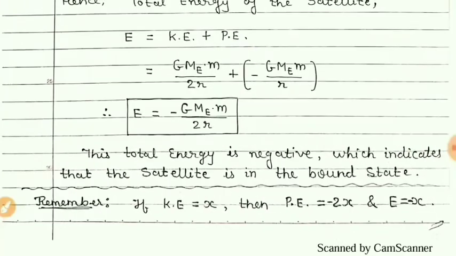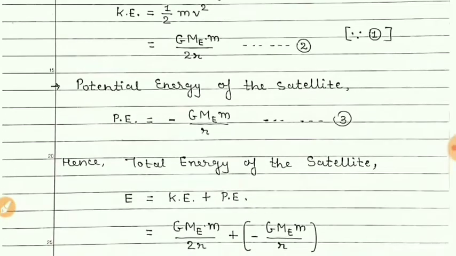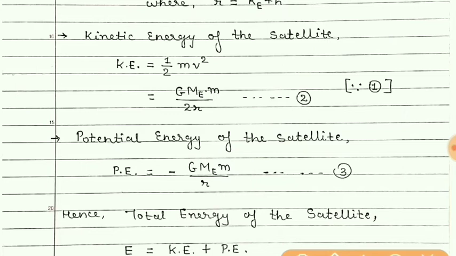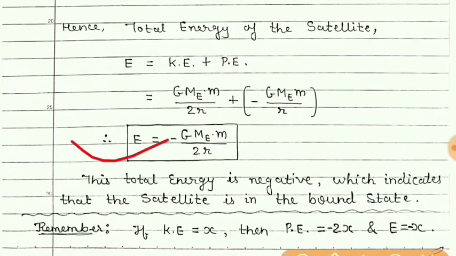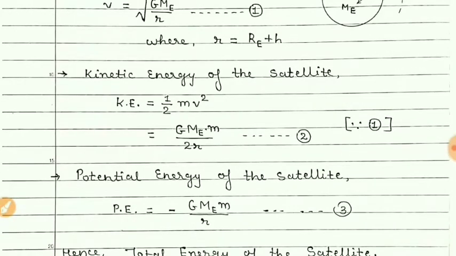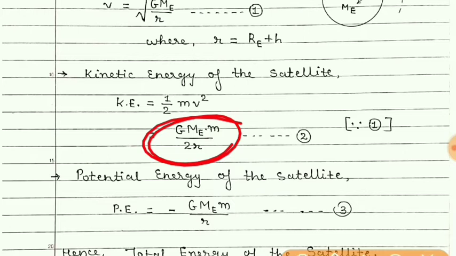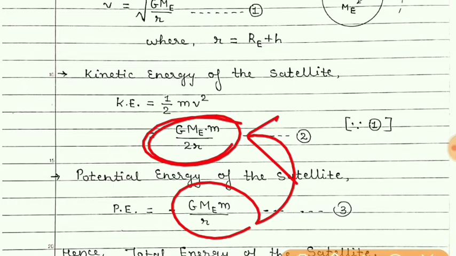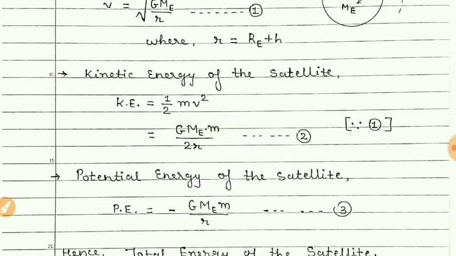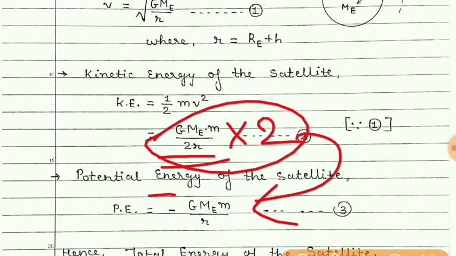Now students, there is no need to remember each and every formula for this orbiting satellite, that is its kinetic energy, its potential energy and its total energy. Simply remember the formula for kinetic energy. Then always remember potential energy is double of kinetic energy, but it is always negative. So if the kinetic energy is known to us, then if you multiply it by 2, that will give you potential energy, but it is negative.